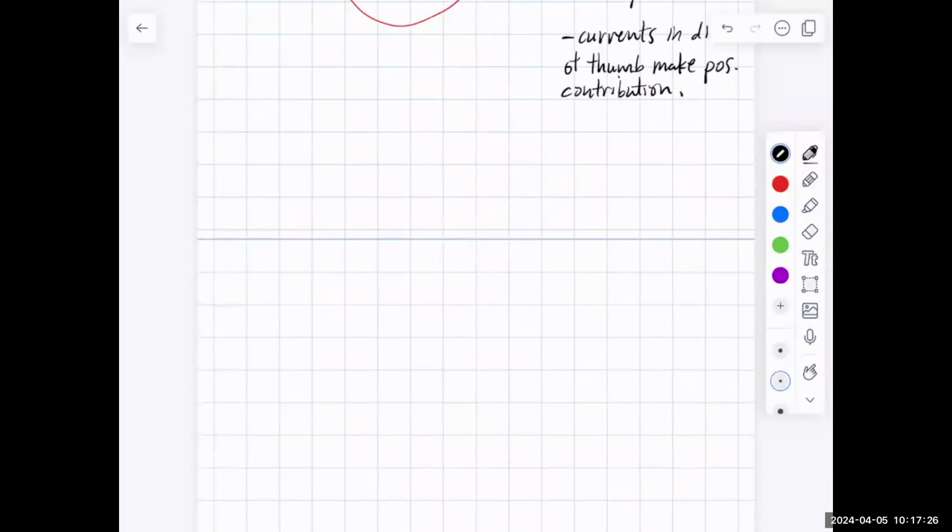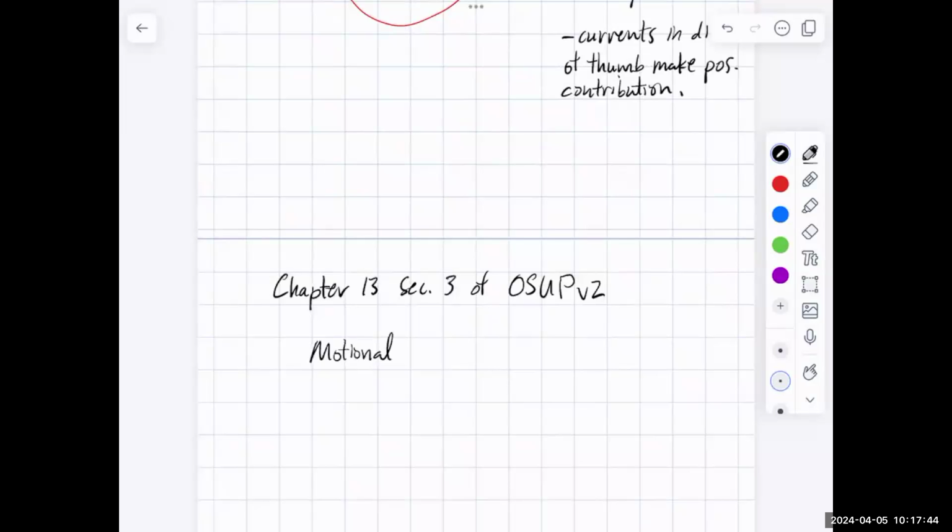To orient ourselves, we are in chapter 13, section 3 of OpenStax University Physics Volume 2. What we're going to talk about is motional EMF, or equivalently induced voltages. EMF is a funny acronym.